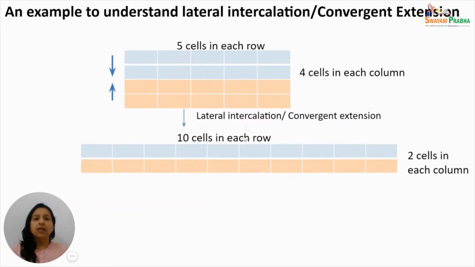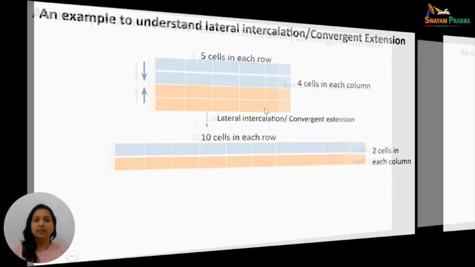Here we see that the cells have undergone intercalation within the same type of layers, that is, there is no intermixing between the layers of cells. So again, the total number of cells remains 20. However, the cells have undergone lateral increase in surface area, that is lateral intercalation or convergent extension, between the same type of cells or the same type of layers.